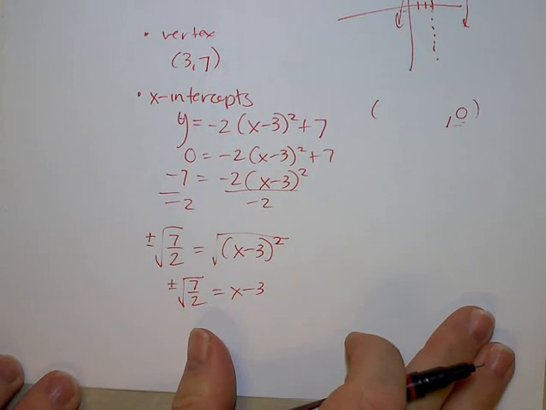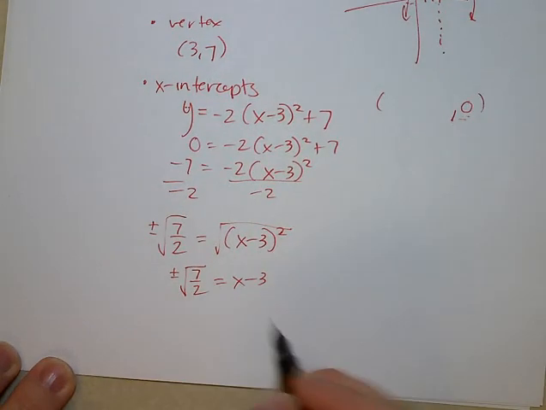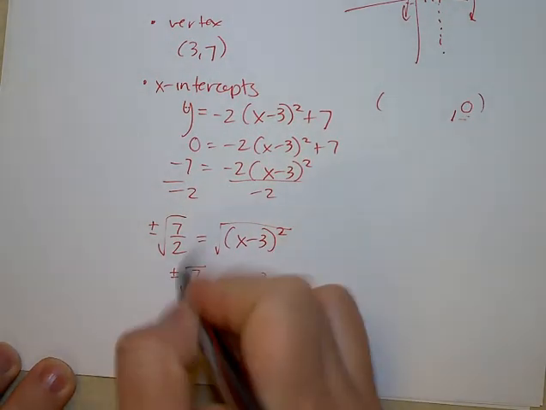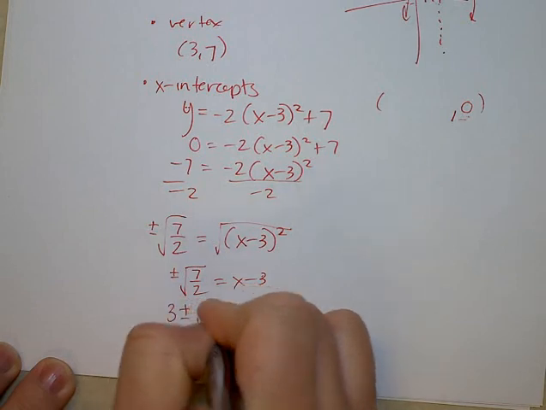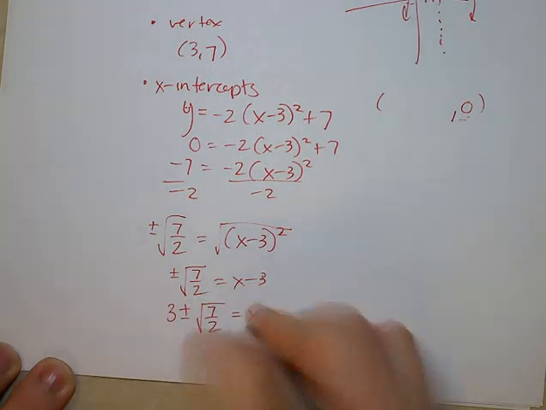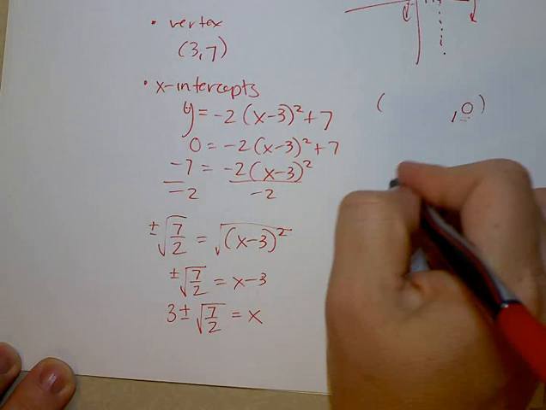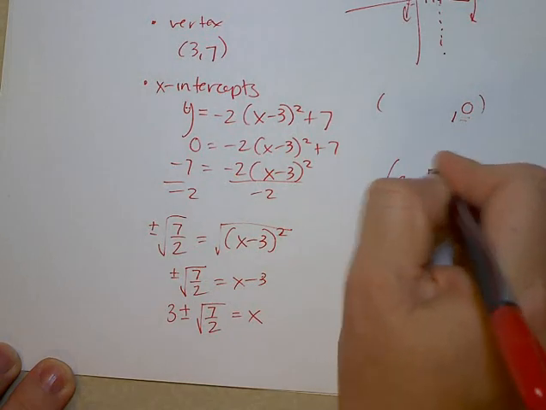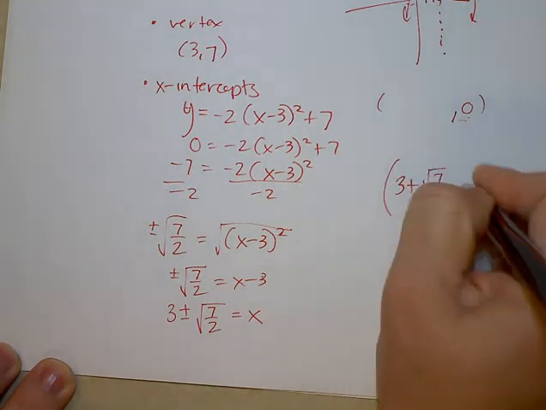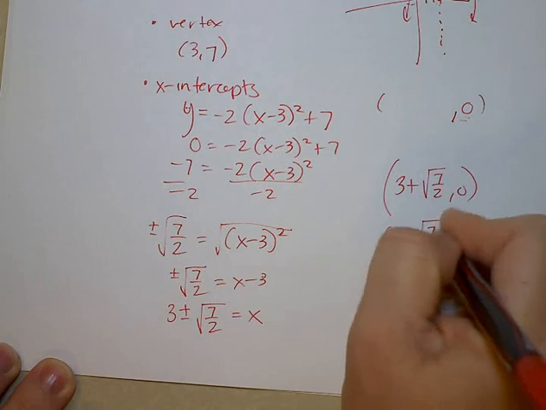I can't take the square root of it without estimating. And now the last step is add 3 to the opposite side. So the exact x-intercepts would be 3 plus square root of 7/2, comma 0, and 3 minus square root of 7/2, comma 0.